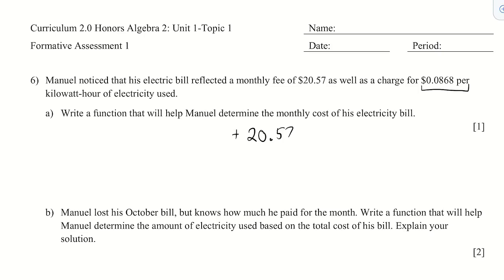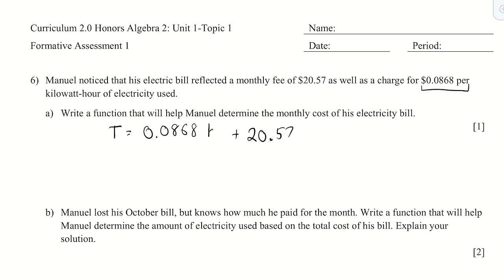Now, kilowatt hours means how much electricity you are using. So depending on how much electricity, I'll say the total of the bill is going to be 0.0868, and I'll choose a variable for this.